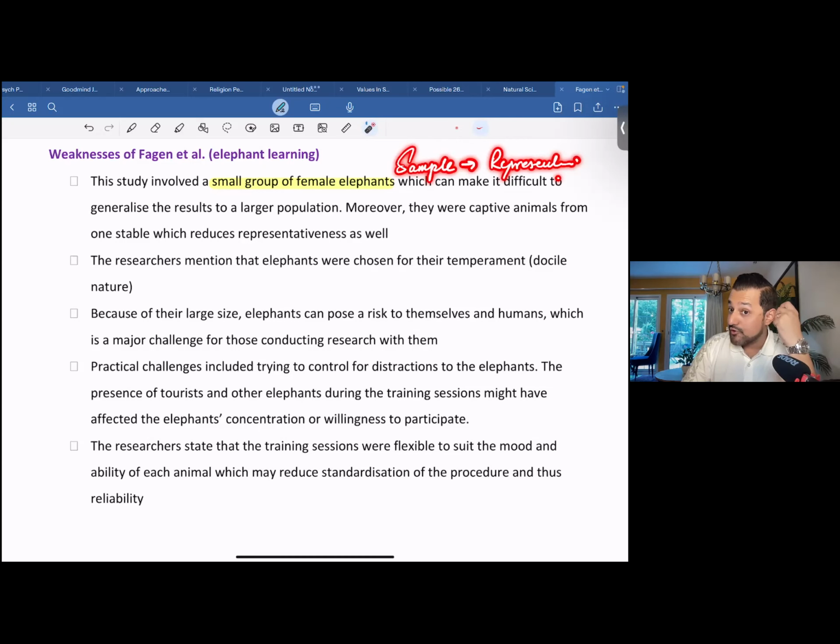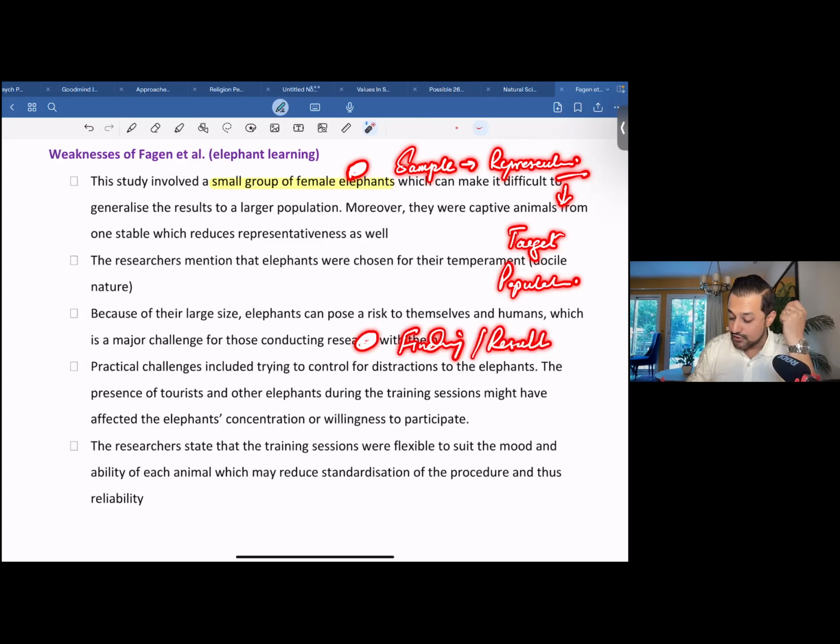The sample needs to be representative of the target population. If the sample is representative of the target population, that consequently leads to the findings of the research being high in terms of generalizability, right?